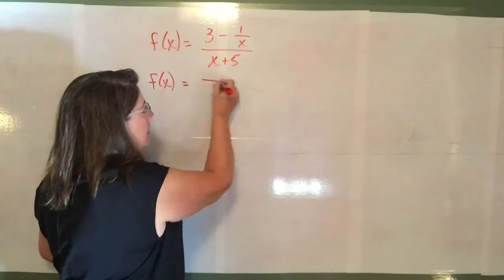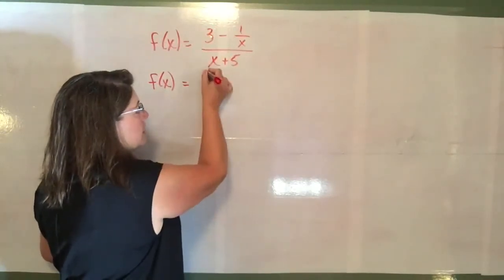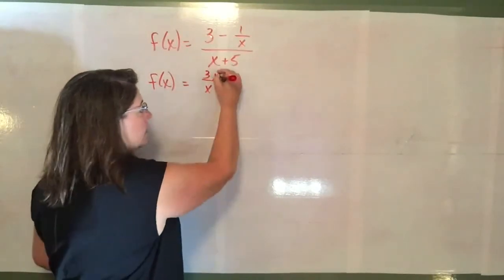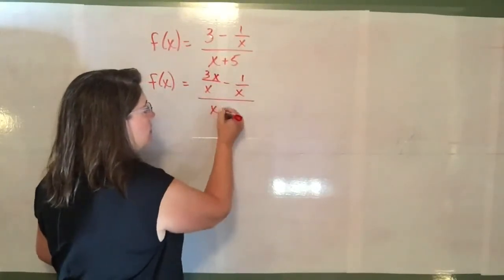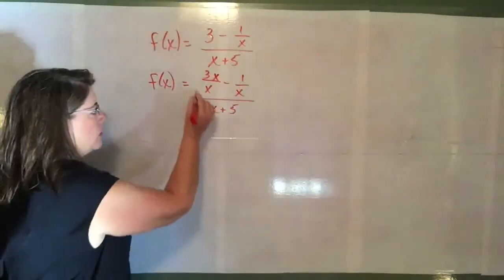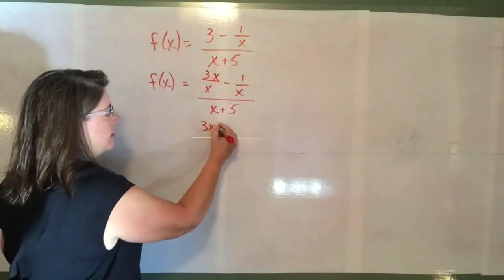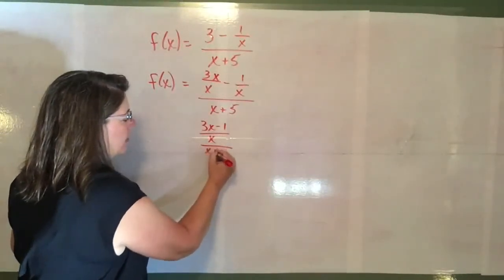So if I make that denominator x, I also have to put an x on the top. So that would be 3x over x minus 1 over x, and then that's still over x plus 5. And then when I subtract that on top, I will have 3x minus 1 over x plus 5.